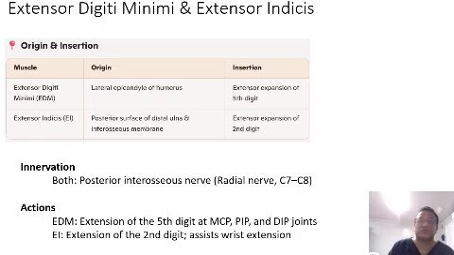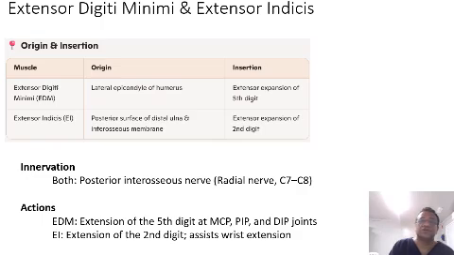They get innervation from the posterior interosseous nerve, a branch of the radial nerve. This shared innervation is relevant in radial nerve palsy, so finger extension deficits can help to localize the lesion.